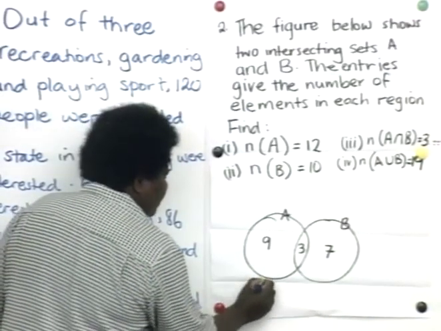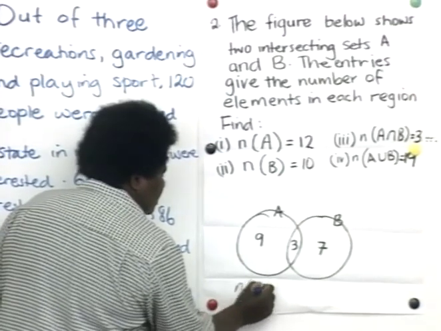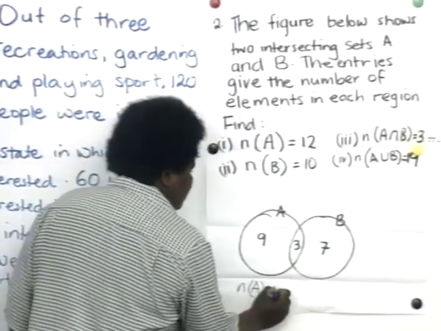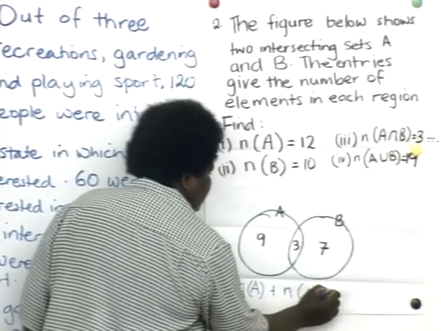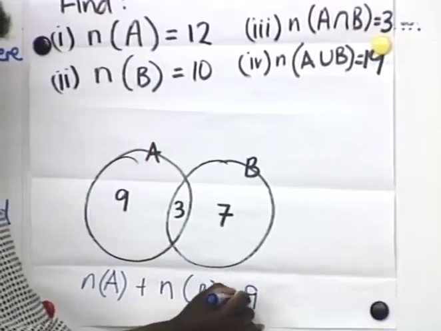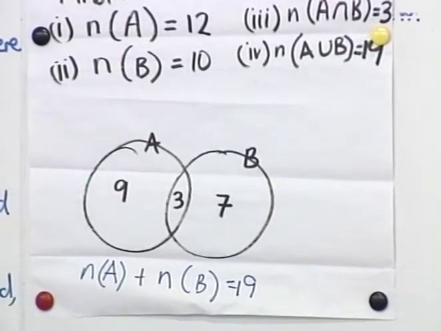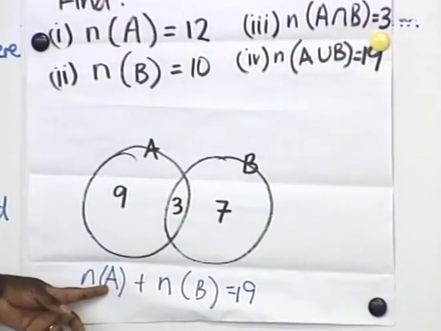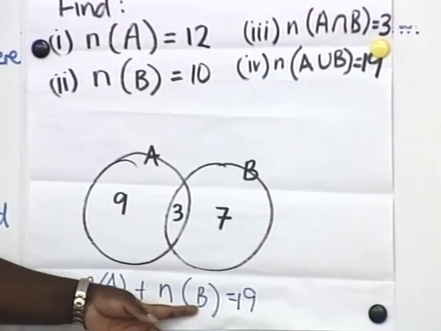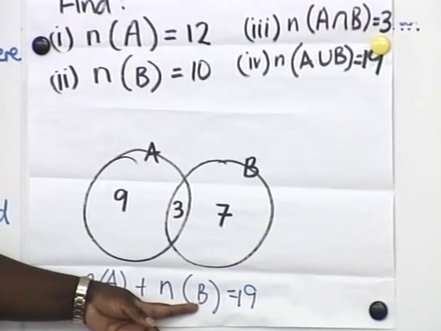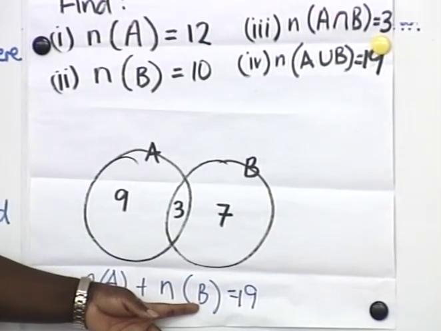It's the number of elements in A, plus the number of elements in the set B will be equal to 19, because the number of elements in set A is 12, the number of elements in set B is 10.